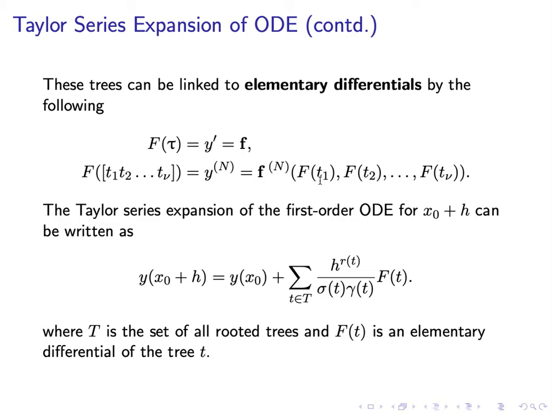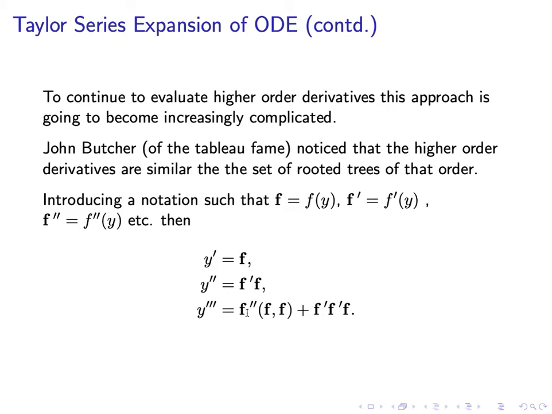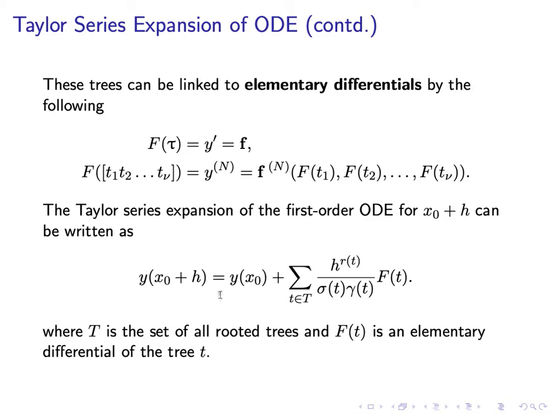So for example, you saw in the third order derivative, if I just go back a couple, we see we have 2 separate rooted trees. So in that case we had T1 and T2. So this allows us to write the Taylor series expansion of the first order ODE like so. So here we have our y, and then we have the summation.